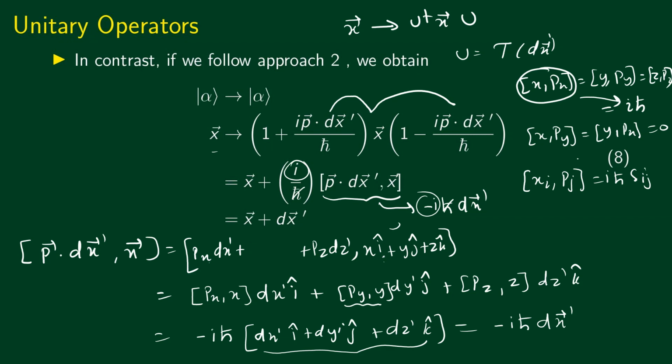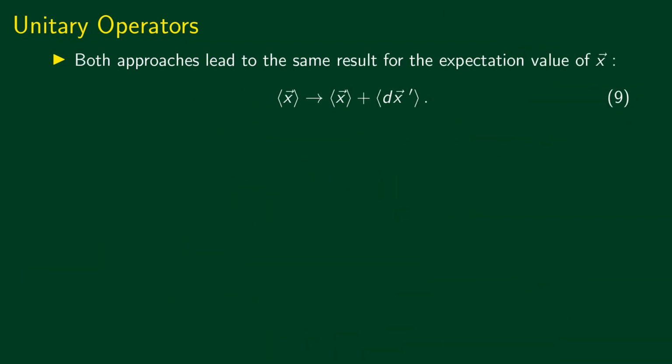All right, so here we see that under this unitary transformation, the operator x in the second approach goes to x vector plus dx vector prime. I hope this is clear. The most important thing is that both these approaches lead to the same result for the expectation value of x vector. So if you ask how the expectation value of an operator changes under these unitary transformations, then both approaches give the same result.